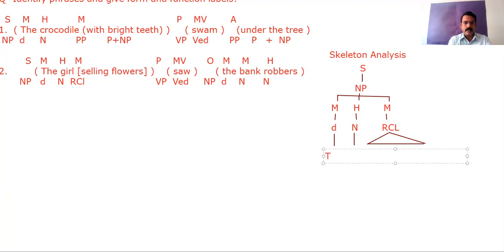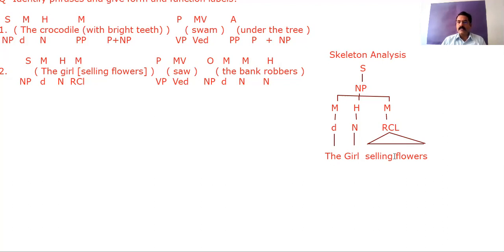So modifier determiner is the, noun is girl, and clause is selling flowers, right? So the length of this triangle should match the clause that we are inserting there.